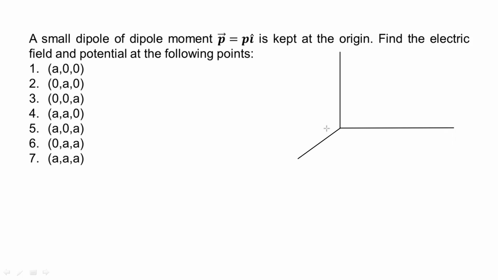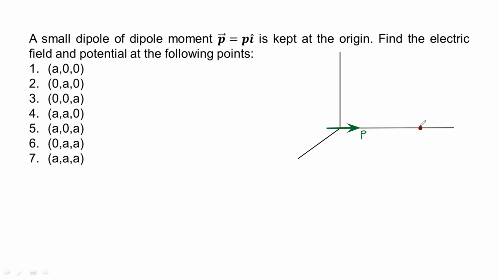Let's say this is the dipole right here. This is a dipole P. Now the first point. Where is the first point? The first point is here. We're supposed to find the potential and field at this point.